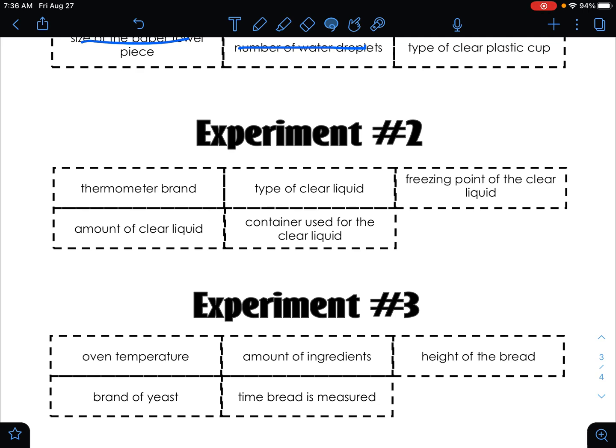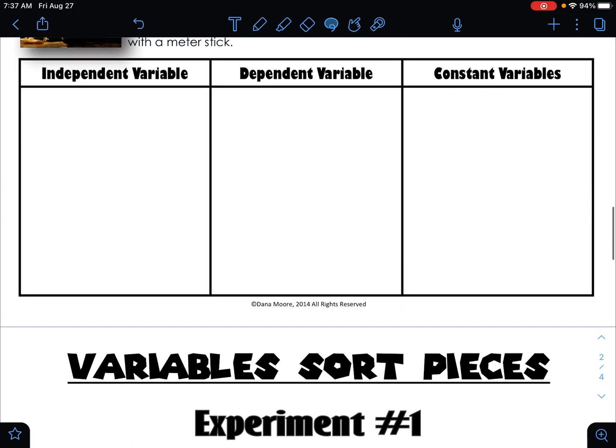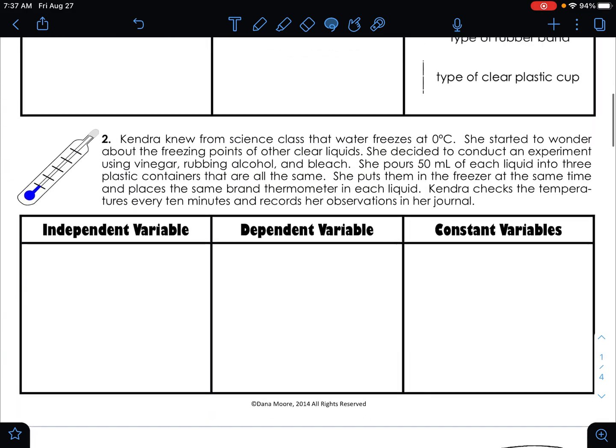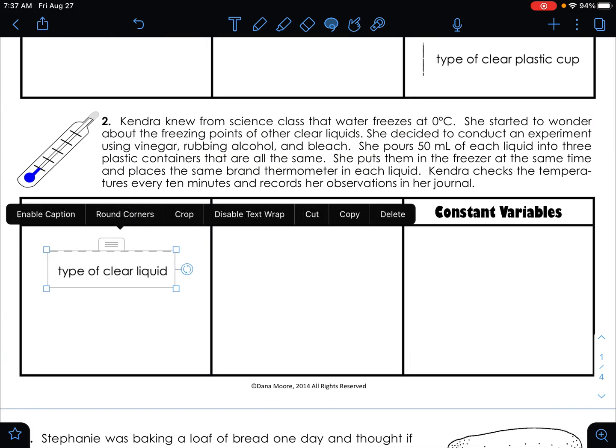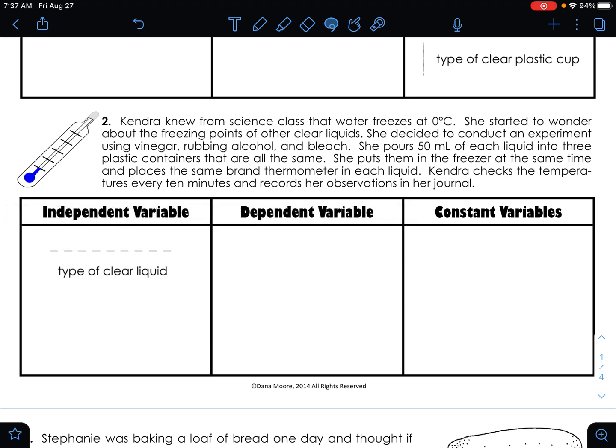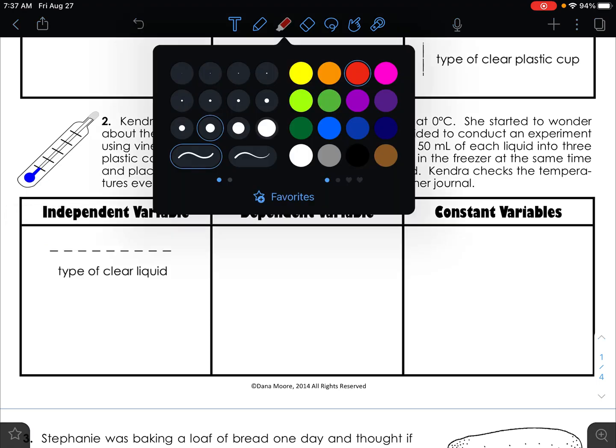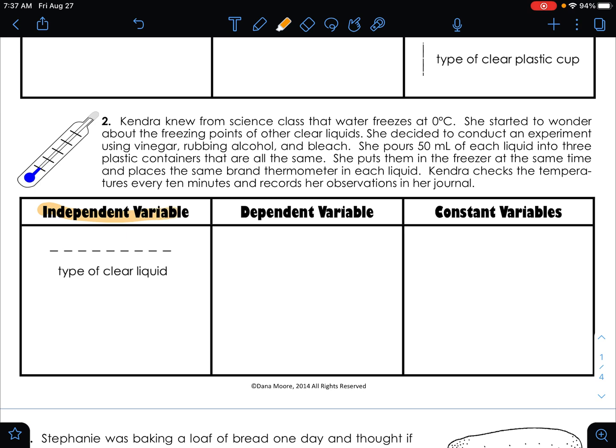Thermometer brand, amount of clear liquid, the type of clear liquid, the container used for the clear liquid, the freezing point of the clear liquid. What she's purposely changing is the type of clear liquid, because it talks here, let's go ahead and move that, she's going to use vinegar, rubbing alcohol, and bleach.